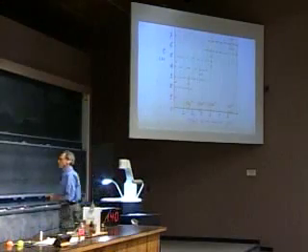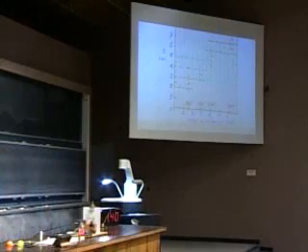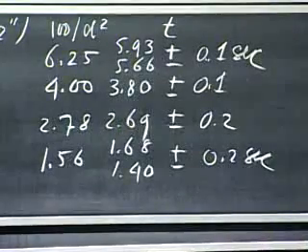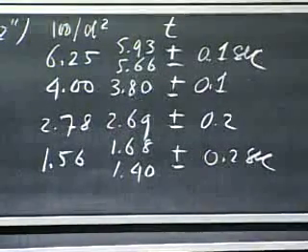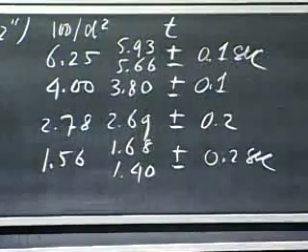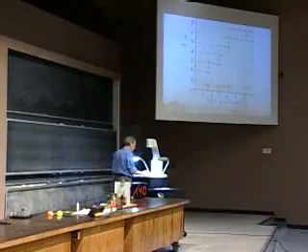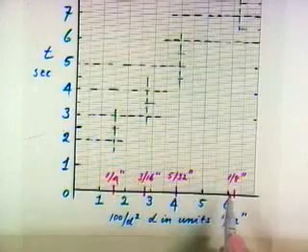So first, we're going to get 6.5. Let's put in 5.8 seconds for the smallest ball bearing. This is the smallest one. Don't be misled, because this is 100 divided by d squared. So this is the smallest one, 5.8.